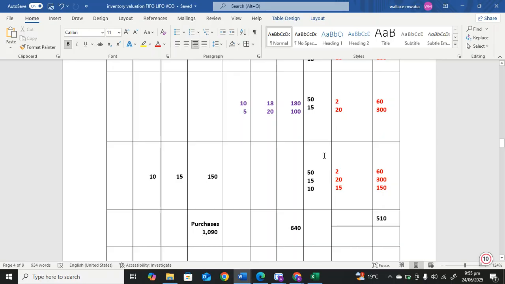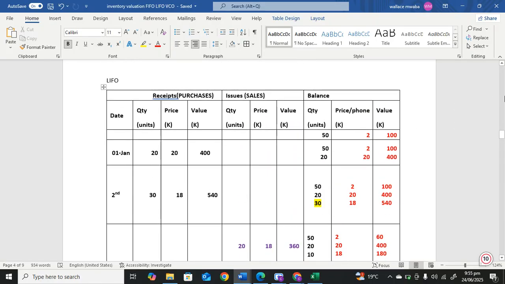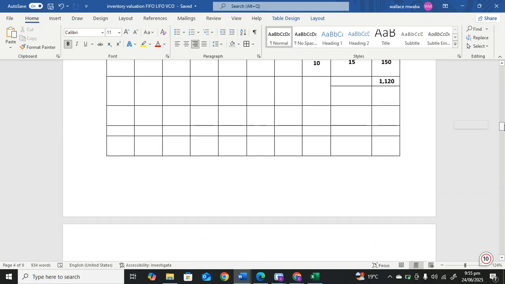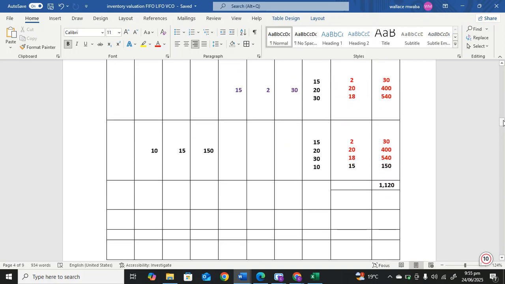So you can even see the cost of goods sold is going to be a lower amount. Closing inventory will be a higher amount. Purchases will still be the same. Purchases always stay the same. But that's why the disparity, madam. These units, when they're coming in at different prices, and then how we are treating them in these methods.